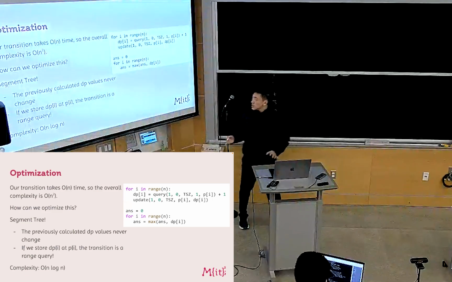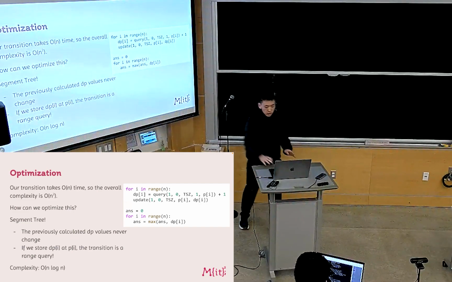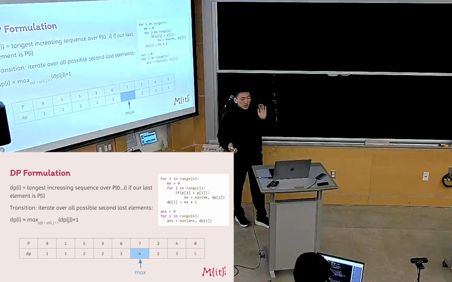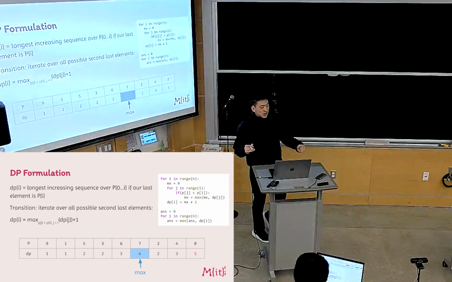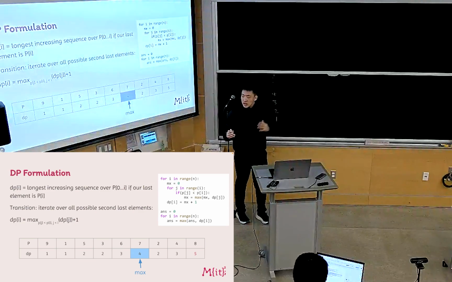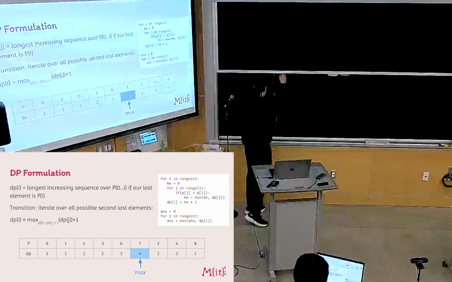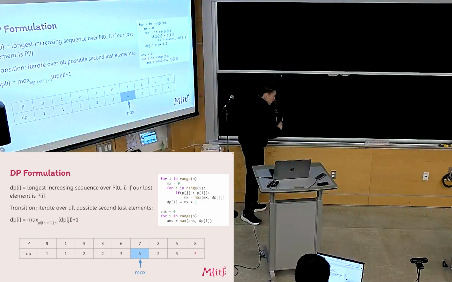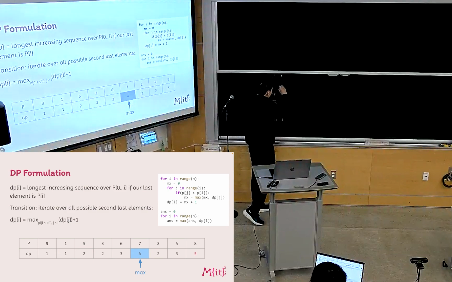So what happens is every time we update a number, let's say we go back to our previous example and we found dp of 1, we store it at 9 because that's our p-value at that point. And so we store the dp value of 1 over here, and then for 1, we store the dp value of 1 here, and when we calculate 5, we store the dp value of 5 over here.